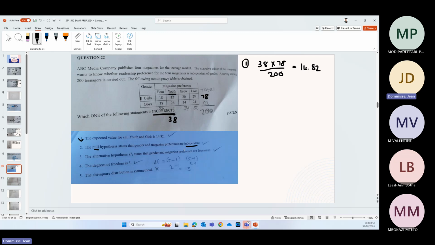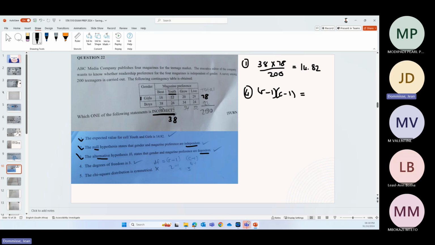Null hypothesis is always independent, correct. Alternative is always dependent, correct. Degrees of freedom is free. So question 4, it's row minus 1, column minus 1.